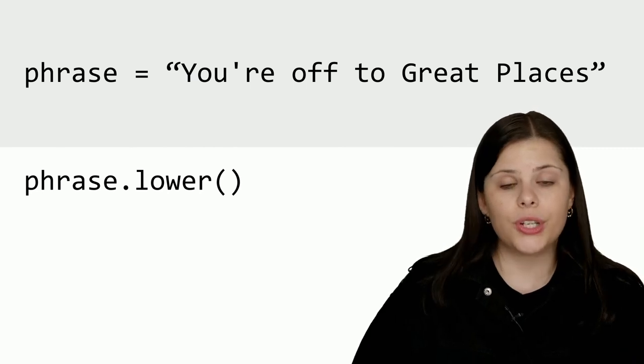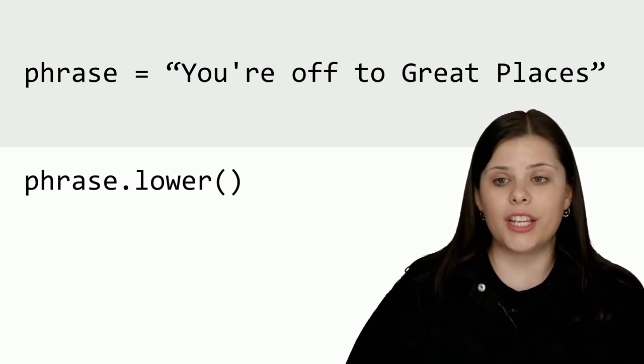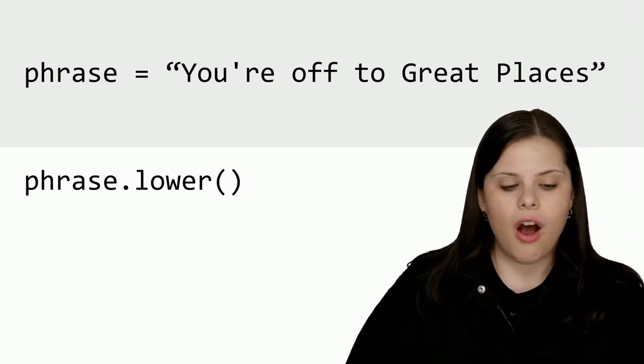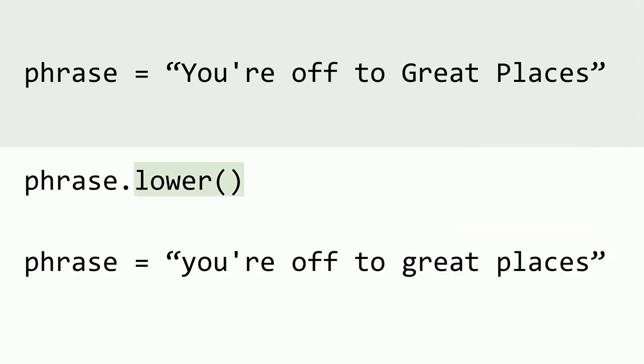It will take the string that you have and convert all of the values to lowercase. Notice that Y, G, and P were all uppercase letters, but after applying the lower method, we made all of the letters lowercase.